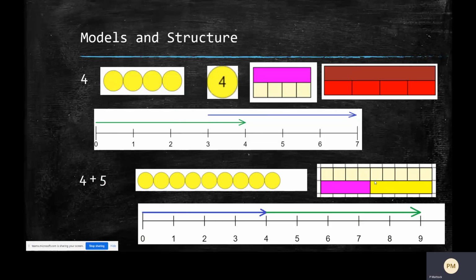And I could do something on the number line. I could say, well, I can see what 4 looks like, and I can see what 5 looks like. And again, we get this idea of connection. Connecting these one after the other, 4 followed by 5 more. And these are all good ways of thinking about addition, of making sense of addition.